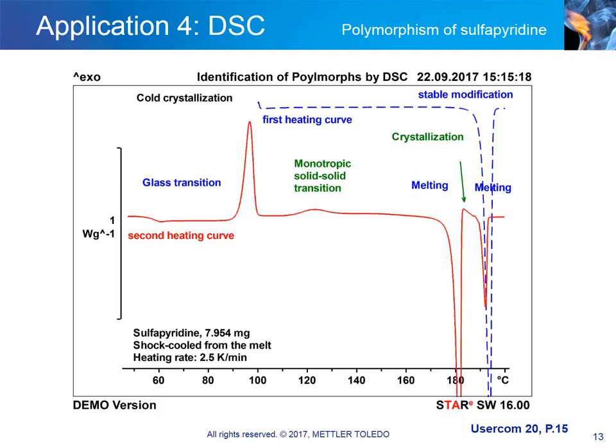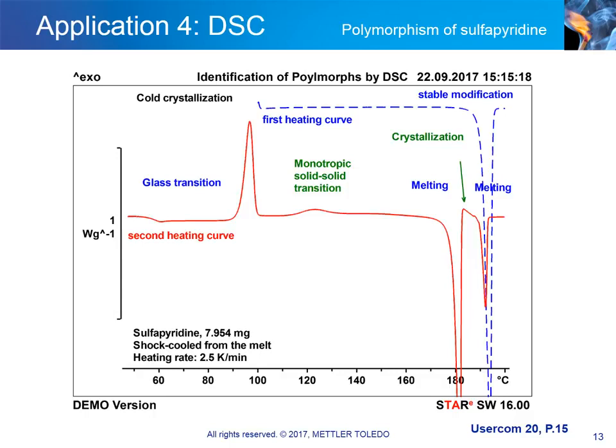After heating, the melt was shock-cooled by simply placing the sample pan with the sample robot onto the turntable of the sample robot. The second heating run, shown by the red curve, first shows a glass transition. This tells us that the sample did not crystallize during cooling.